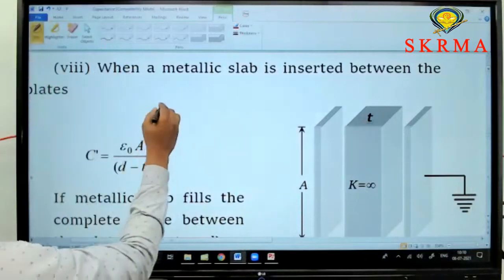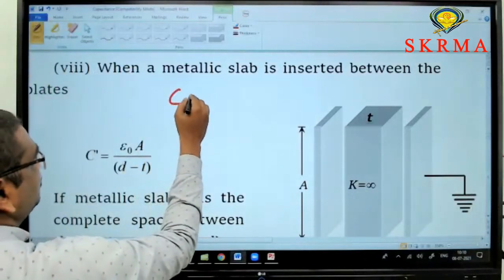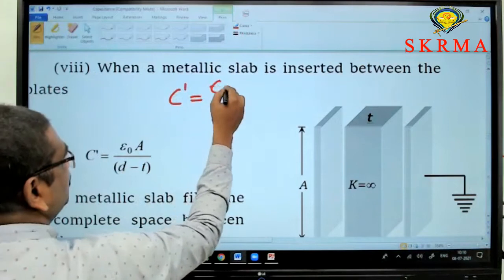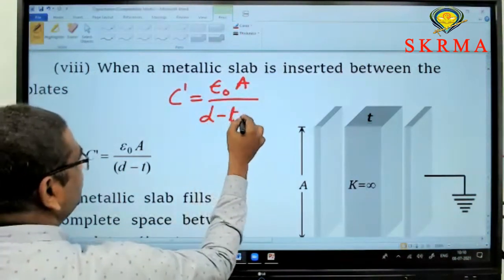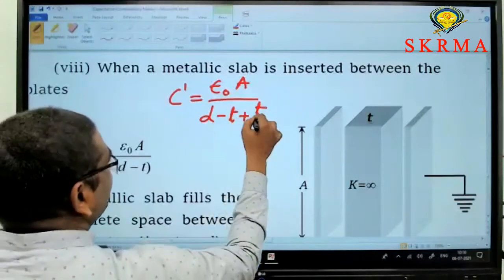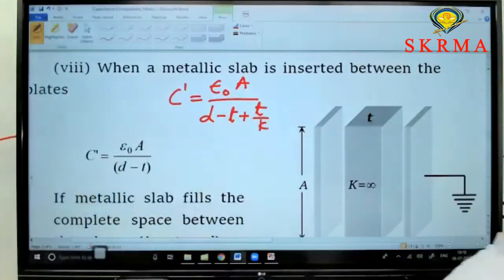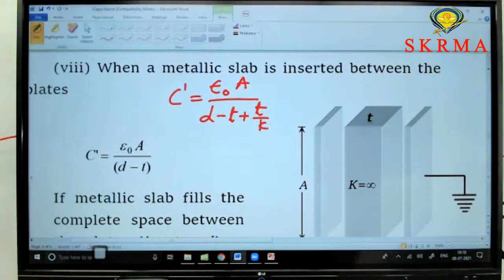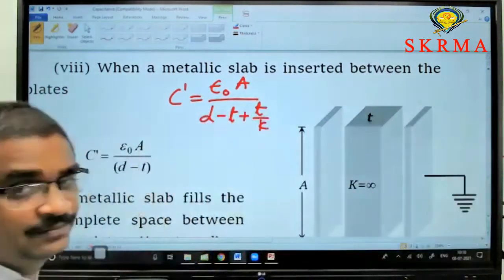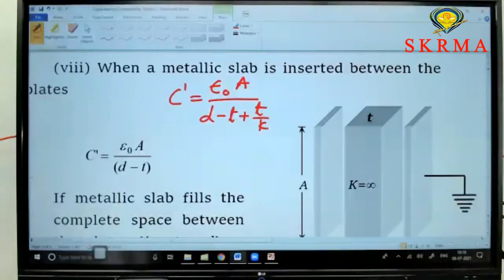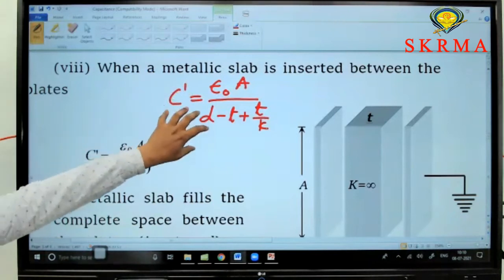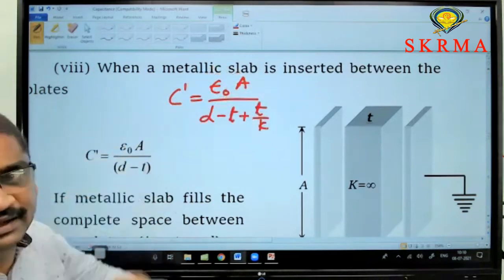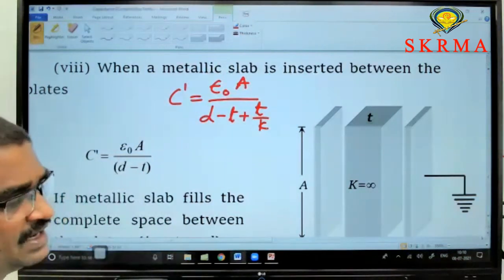For a dielectric partially filled, C dash equals epsilon naught A by D minus T plus T by K. This is the formula for the capacitance of the parallel plate capacitor when it is filled partially.